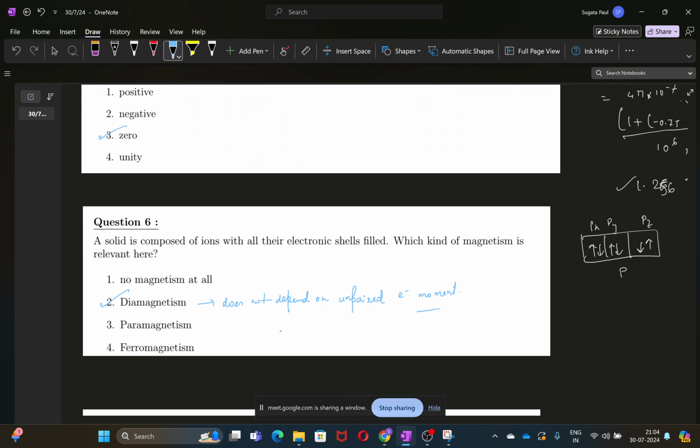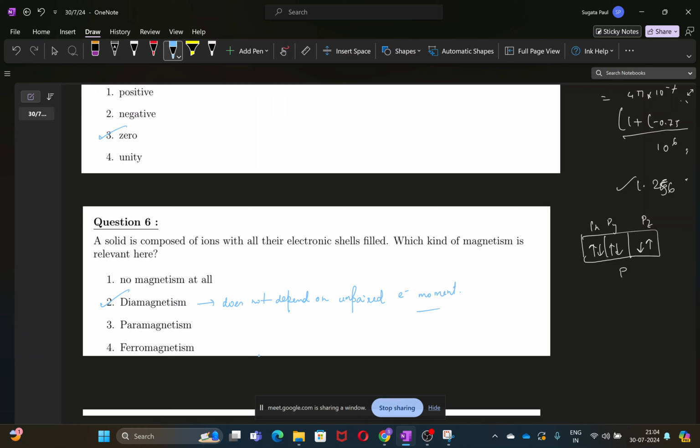So all these derivations are already done in the lecture. There is a basic relation that tells you how the paramagnetic contribution looks or how the diamagnetic contribution looks, and from there you can see that the diamagnetic contribution does not need any moment component or any uncompensated or unpaired electron moment. So when no other kind of effect can be present in the system, like paramagnetism, the natural magnetism that is inherently present in the system becomes the most effective thing, which is the diamagnetic property. This diamagnetic response is inherently very weak, so it is often suppressed by the other responses of the system.